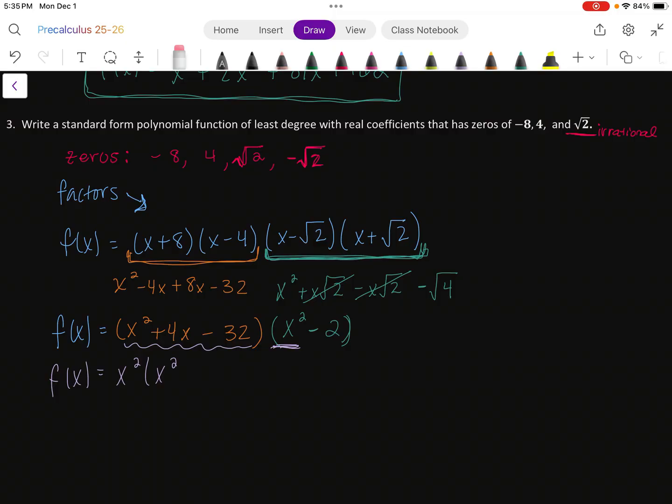So we've got x squared times all of this stuff. Then negative 2 times all of the stuff in orange. All right, we'll make those distributions there. And then combine like terms.